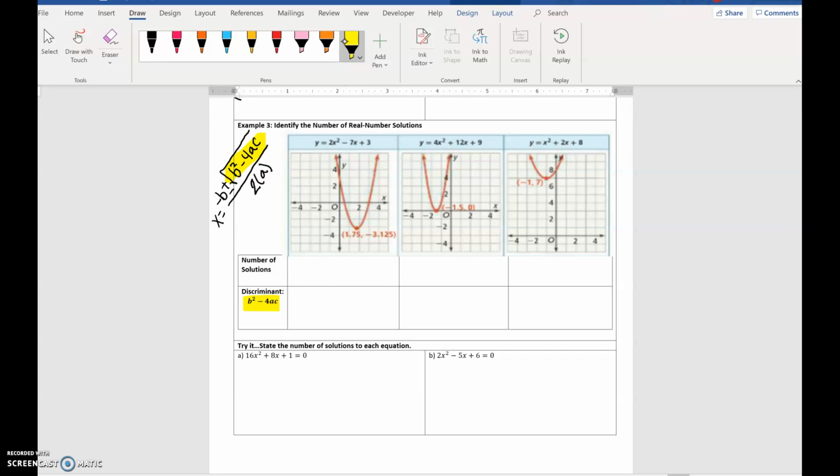And so you can know how many solutions you'll have. Like whether you'll have no solutions, 2 solutions, and there's also a case of having just one where it just touches on the x-axis and then goes back up. So you can look at just the discriminant and decide how many solutions there are. So this is just an example and a visual.